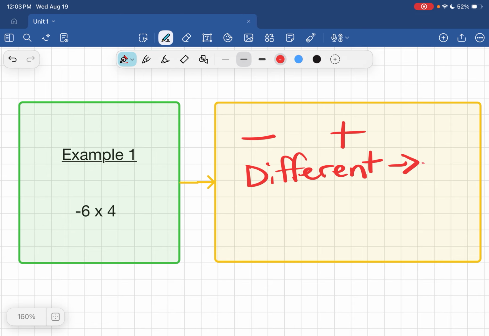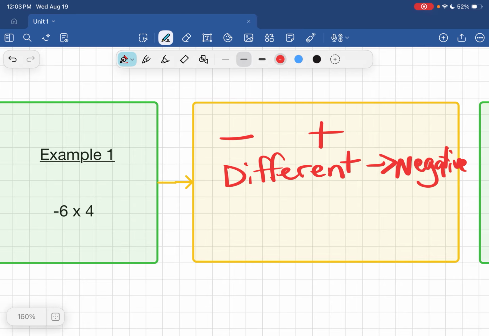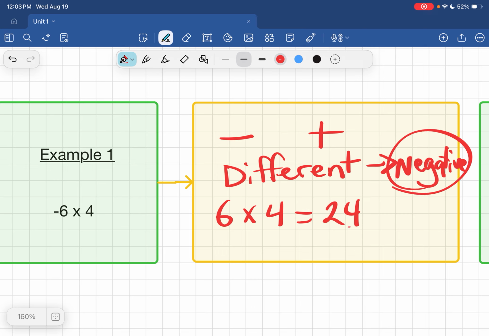Different is negative. So I know my answer will be negative. Now I can multiply the numbers without worrying about the signs. So 6 times 4 is 24. And because I know it needs to be negative, the answer is negative 24.